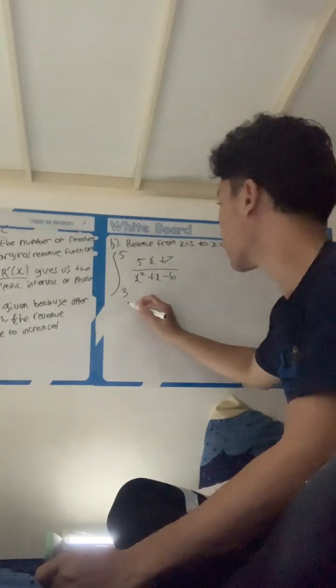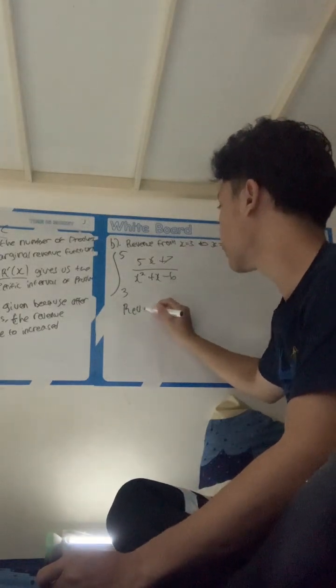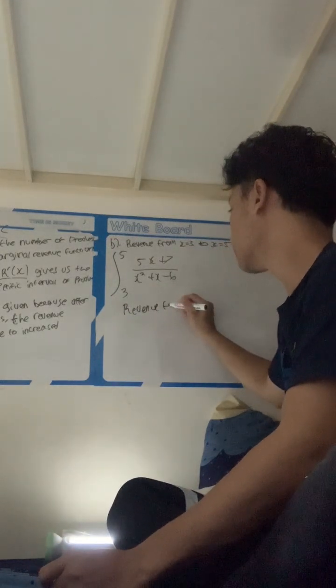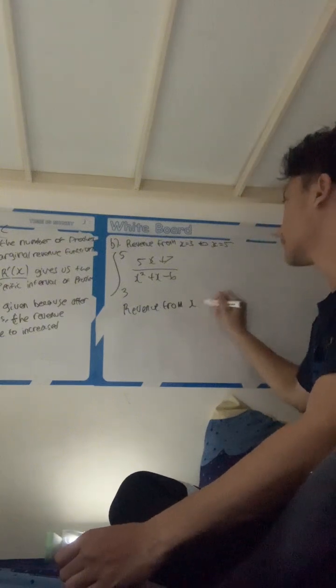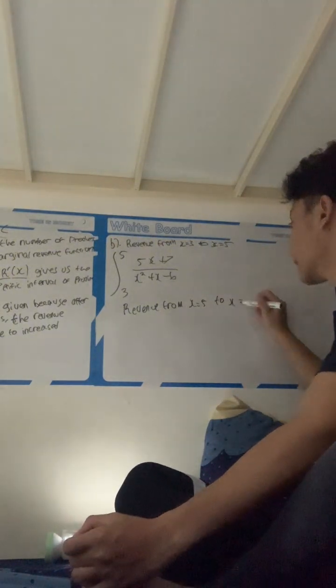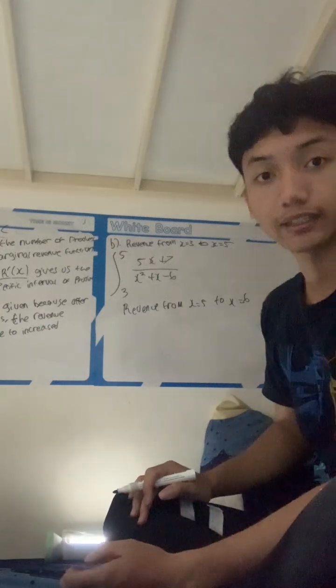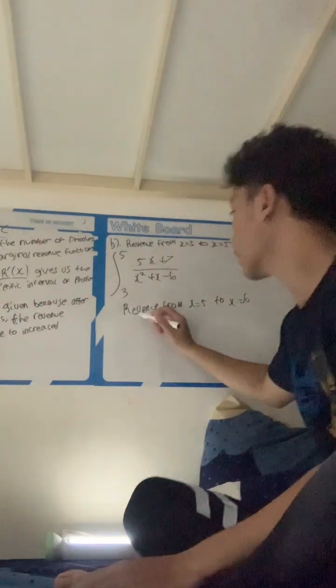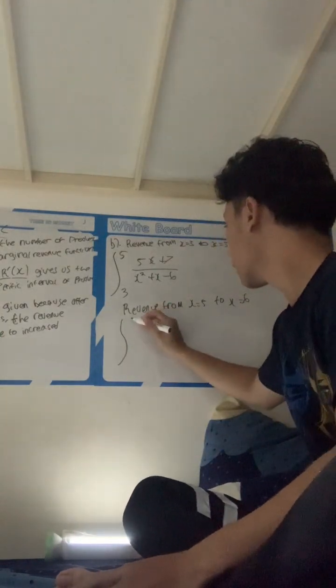In the second one, we have the revenue from x equals 5 to x equals 6. From this integral we can write it down the same way.